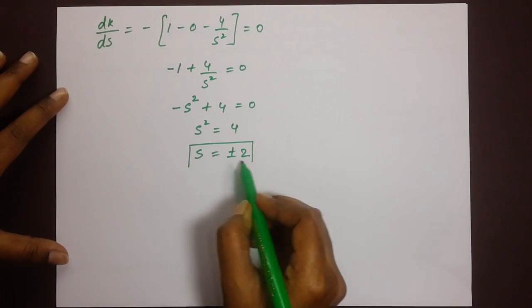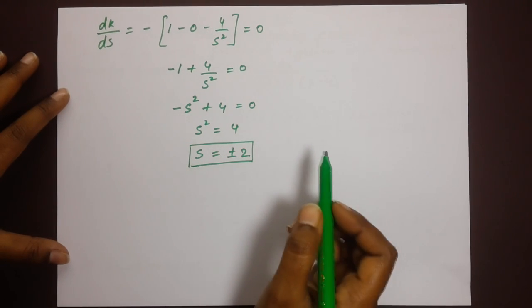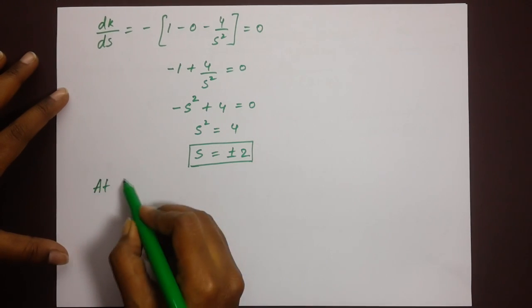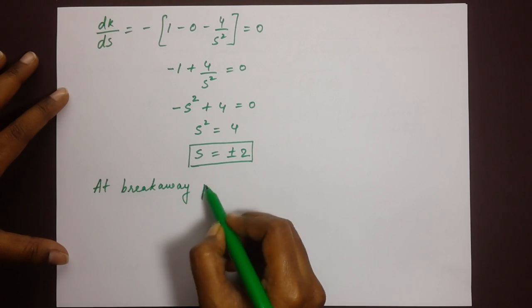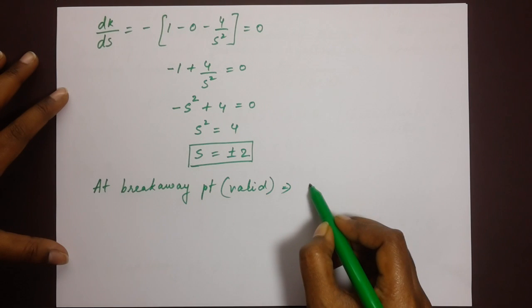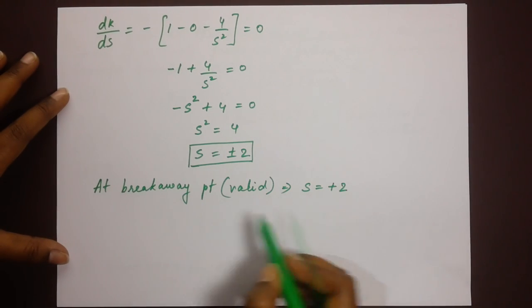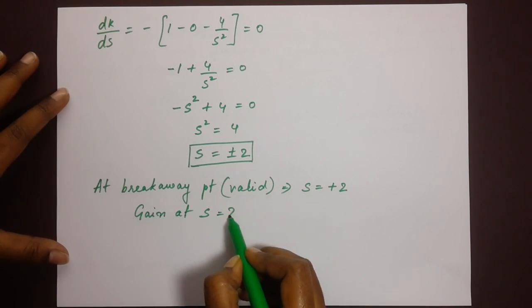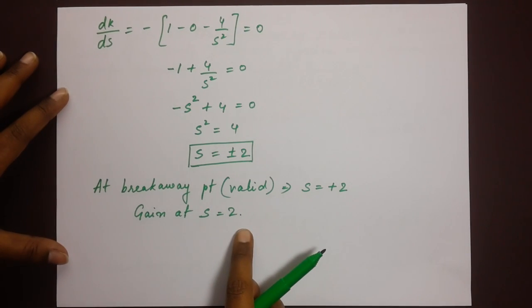So these are the values of s, plus 2, minus 2. But at the breakaway point, we have to consider only the positive value. So this is the valid breakaway point. S would be plus 2. So we have to find the gain at s = 2. So that's our next step. We need to find the gain at s = 2.